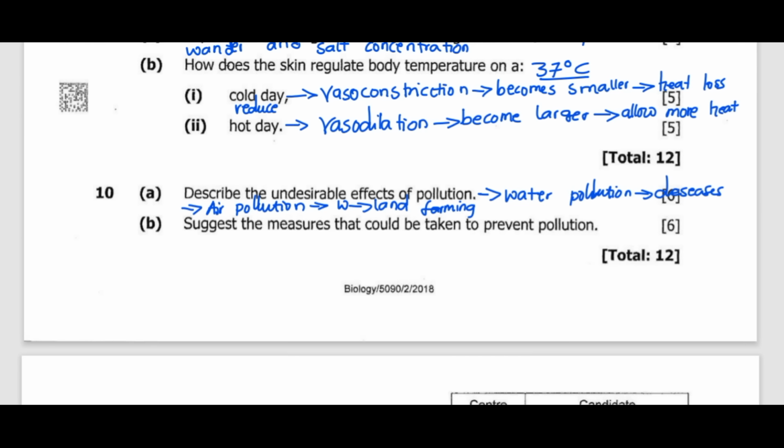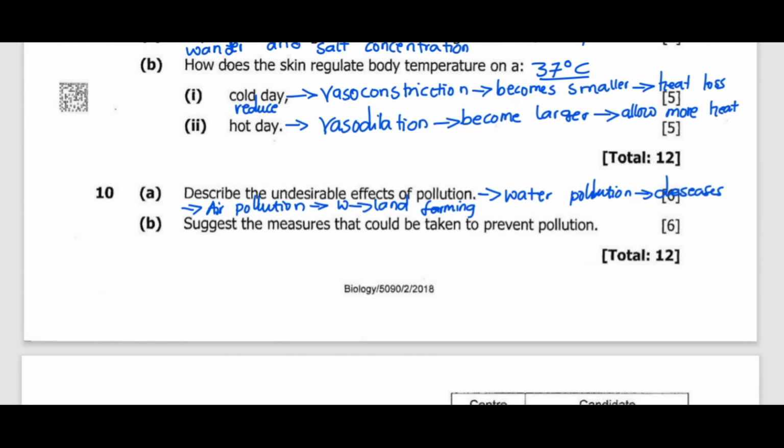Then also look at the shifting of organisms, because there are some organisms like animals that live on land. Activities like mining may cause what we call land degradation, and that may make the organisms that live in that area move to another area. So that is also another effect there.